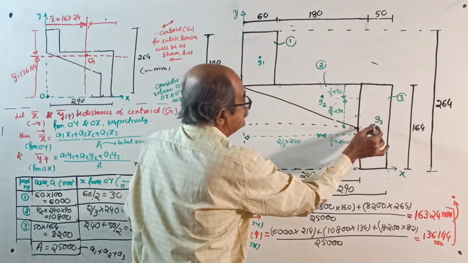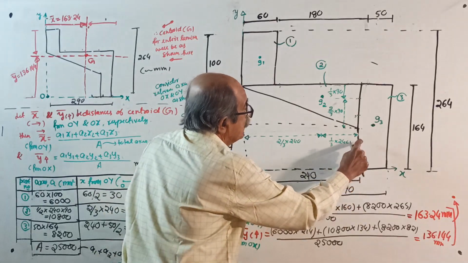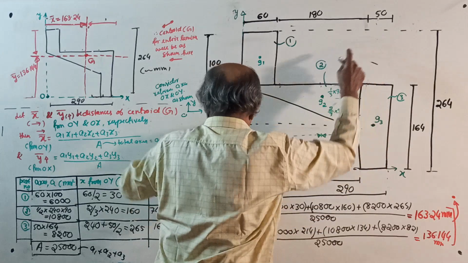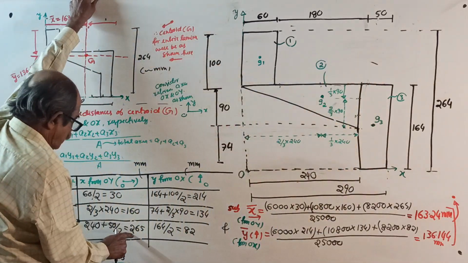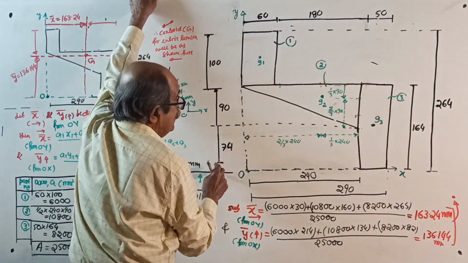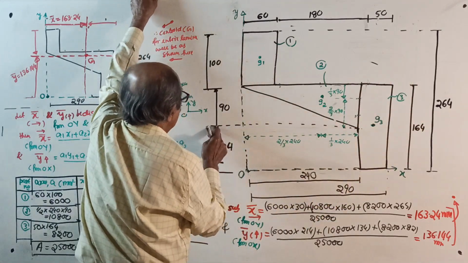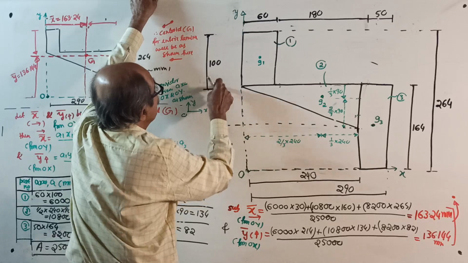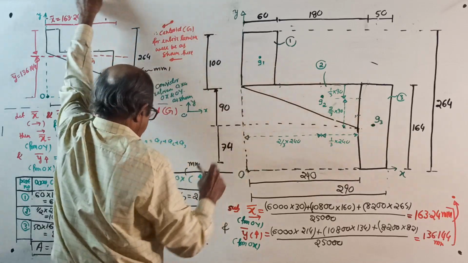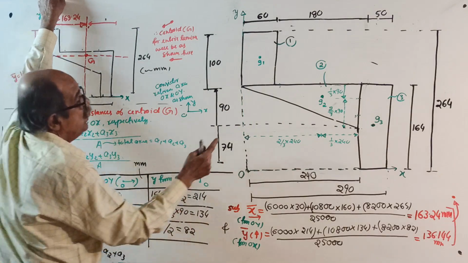X3, this centroid: 240 plus another half of 50. Y1 here. 164 or 74 plus 90, then plus another half of 100. Here, half of 100. Y2.